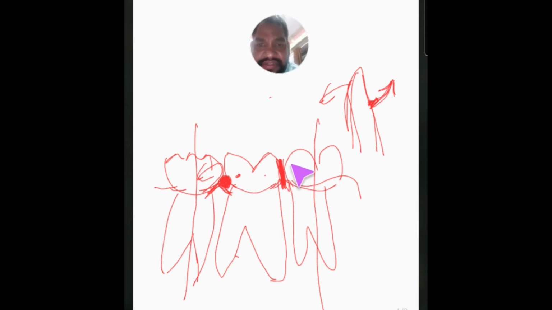If you apply pressure from this side, then the resistance will develop on this side. If you apply the elevator from this side, then the resistance will develop on this side. Or if you apply the elevator from this side, the resistance will develop in this root, in this part.